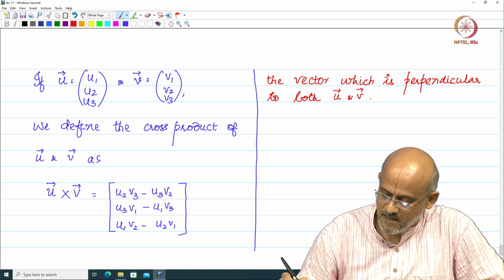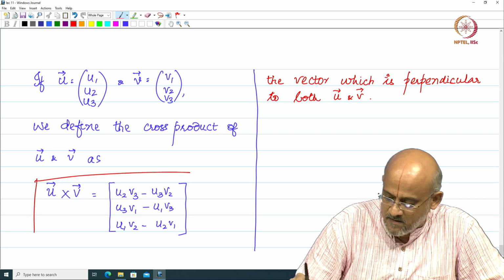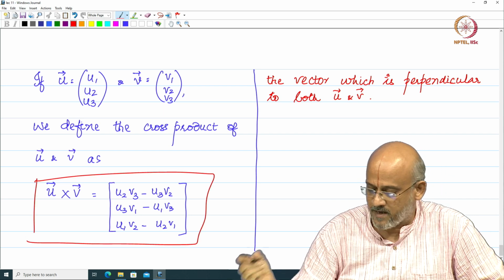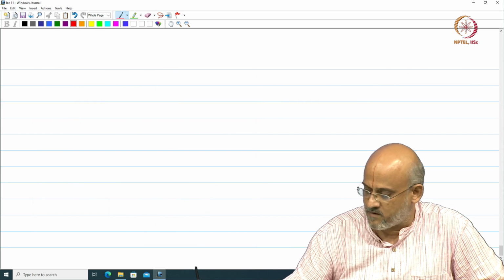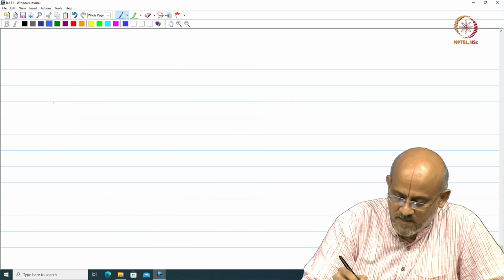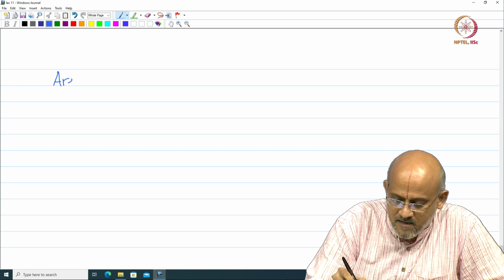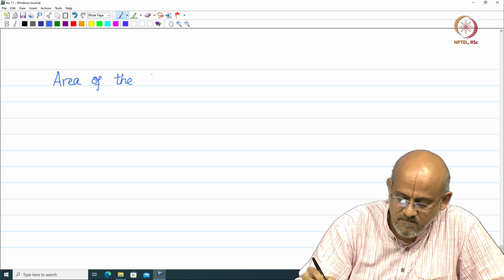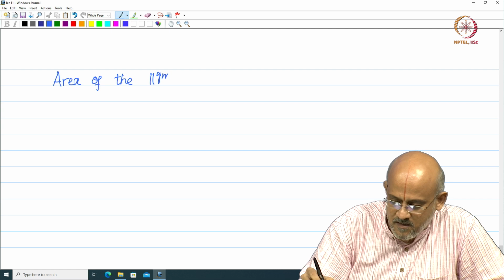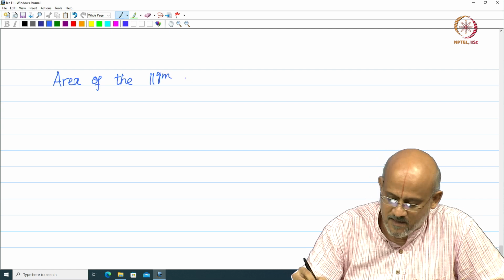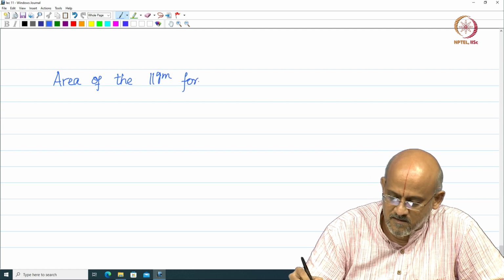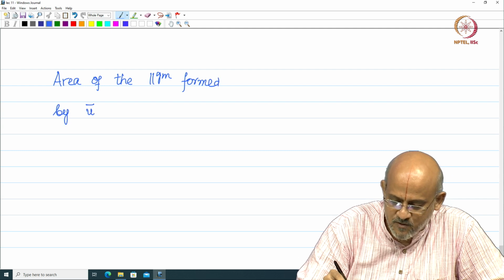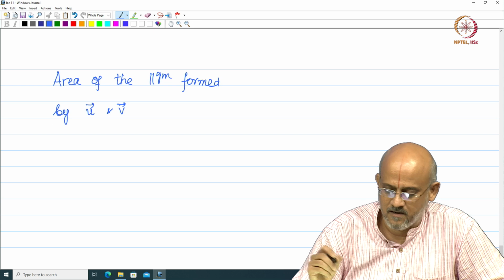Let us keep this particular expression in mind. What are we going to do? We are going to go back to the case where we found out the area of the parallelogram. We had this area of the parallelogram which is spanned by the vectors u and v, right.